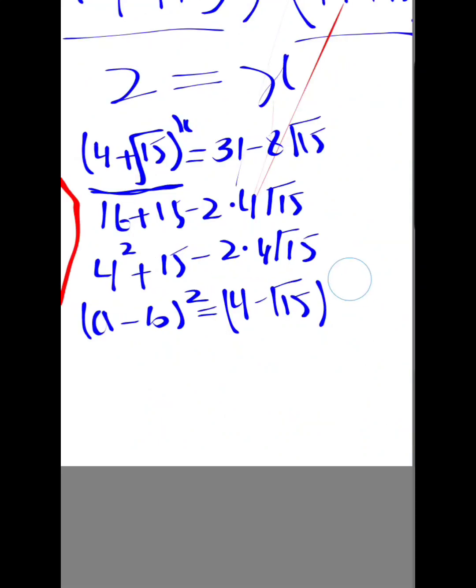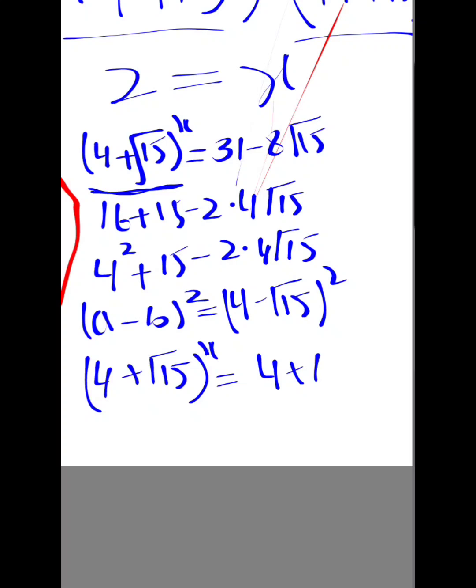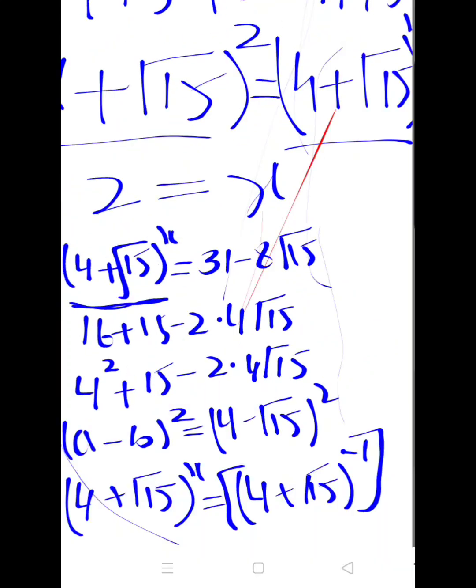Instead of that, we can write (4 plus square root 15) with power negative 1. So our term 4 plus square root 15 with power x is equal to (4 plus square root 15) with power negative 1, all squared.